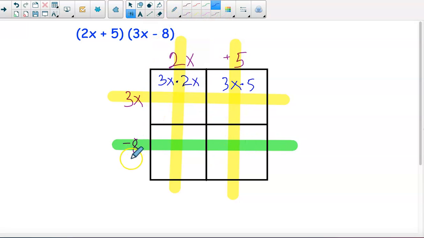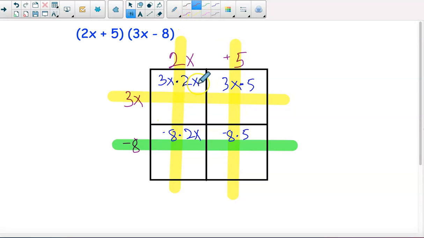Alright, so negative 8 came here, and 2x. So that fills in here. Negative 8 times 2x and negative 8 times plus 5. Negative 8 times a positive 5. Right, these are all multiplications. Now complete that multiplication.